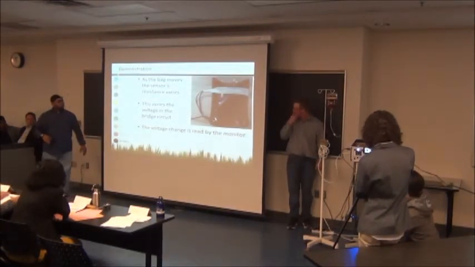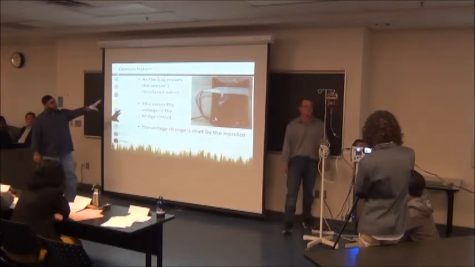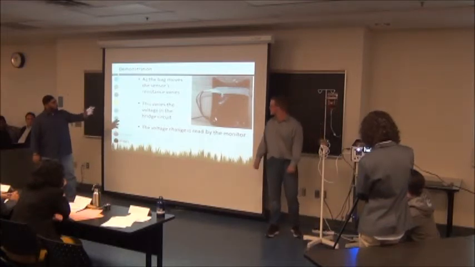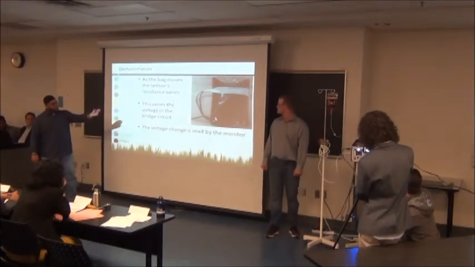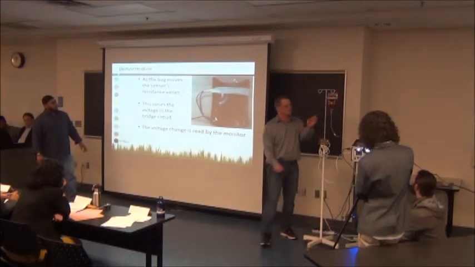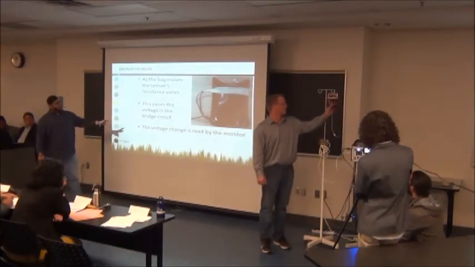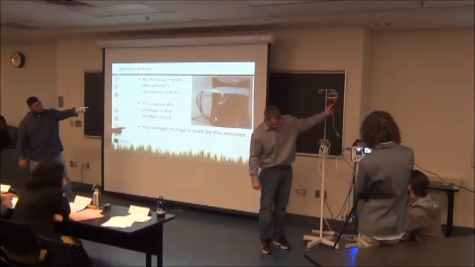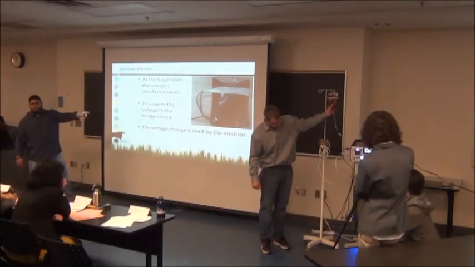So, as I said before, the bag is the diaphragm, and on top is the flex sensor, which will be the transducer. As we press it and change its resistance, it's translated into voltage difference. And you can see the output right there.